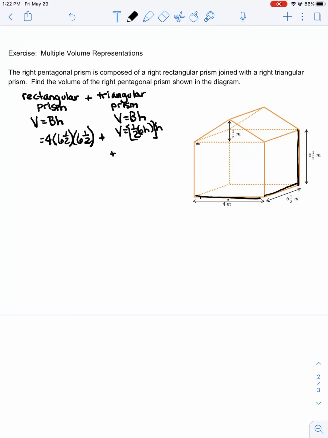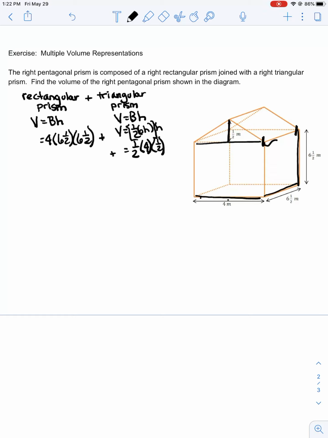So now, if we move this up here, our base then becomes 4. So 1/2 times 4. The height of our triangle is right here, which is 1/2. And then the height of our prism, which again is the distance from one triangle to the other.